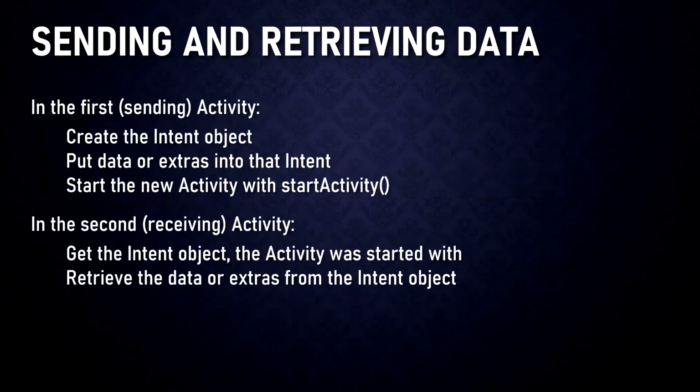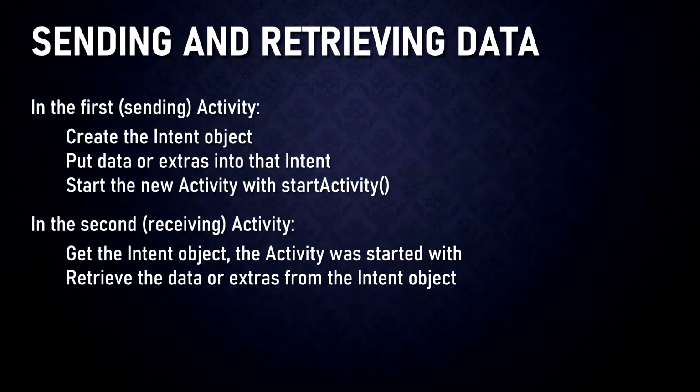To send and retrieve data, you first need to create an intent object, use put data or extras on that intent, and start the activity that you want to call. To get that data in the second activity, you need the intent object, and you retrieve the data or extras from it.